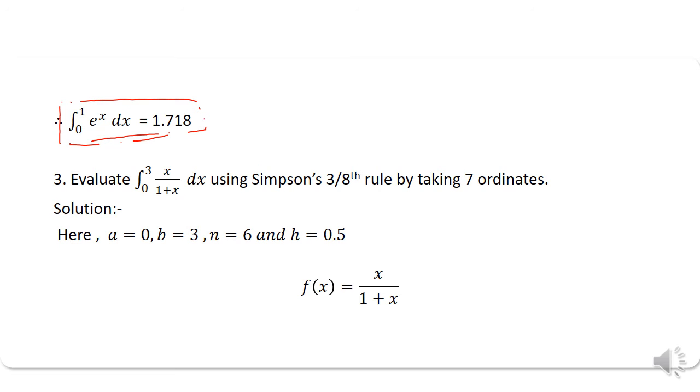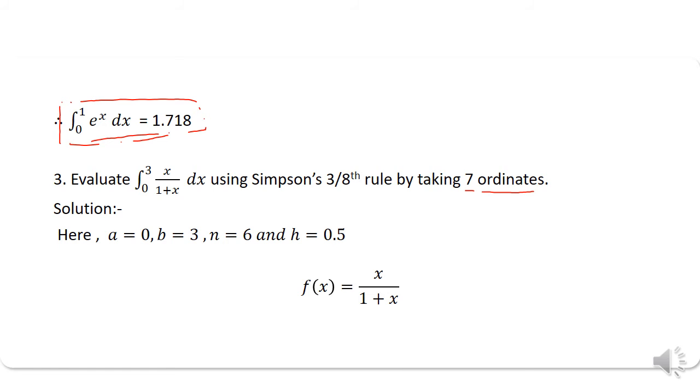Next problem is evaluate integral 0 to 3 x divided by 1 plus x dx using Simpson's 3/8 rule by taking 7 ordinates. 7 ordinates means n equal to 6. So in this problem, a equal to 0, b equal to 3 and n equal to 6.